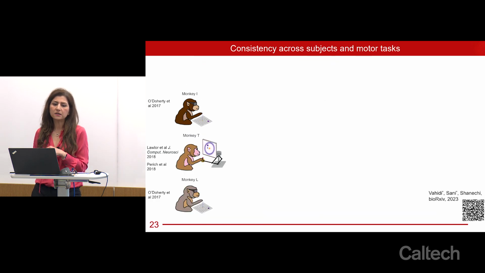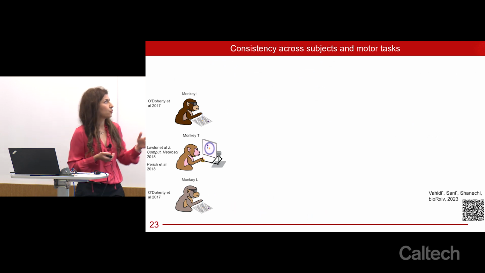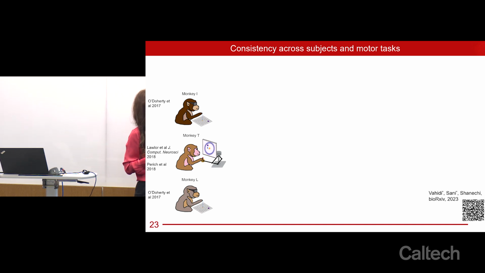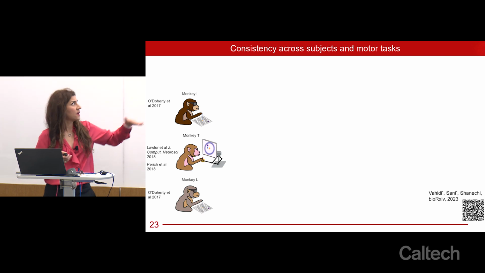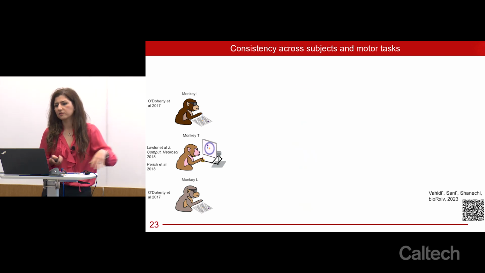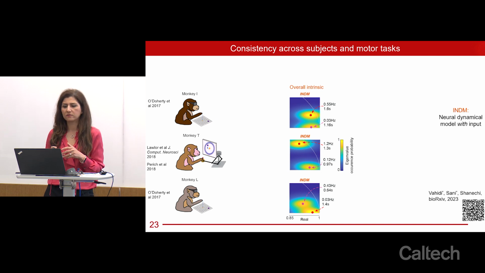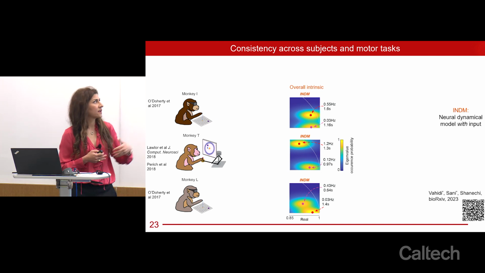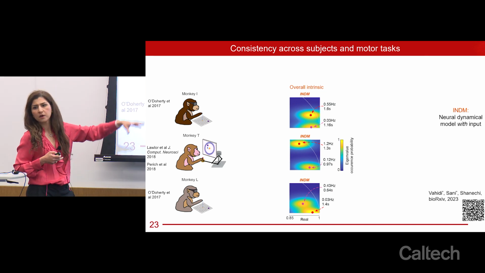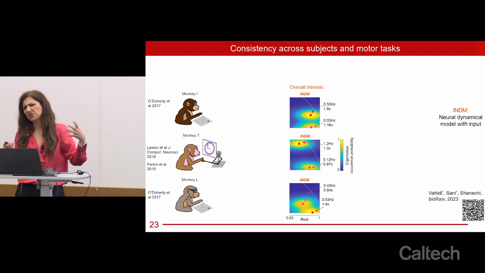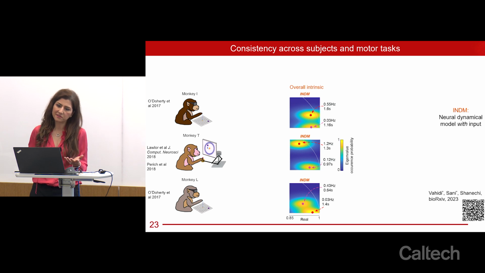So we took another public data set, this time completely independent, from the Miller lab, in which the monkey this time was moving a cursor randomly using a manipulandum. And we wanted to look at the neural dynamics across these three monkeys, two different tasks. So first, we fit an unsupervised neural dynamic model that did take into account input. And you can see that the dynamics that we find, these are overall intrinsic dynamics, are different across animals and across tasks, which kind of makes sense. The input is different, they're doing different things, maybe they have different internal states.